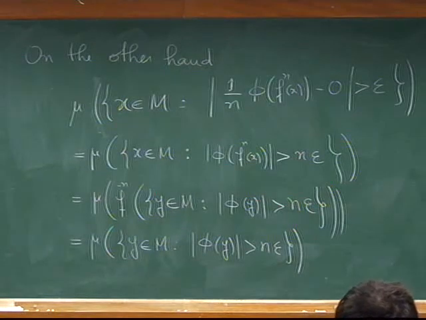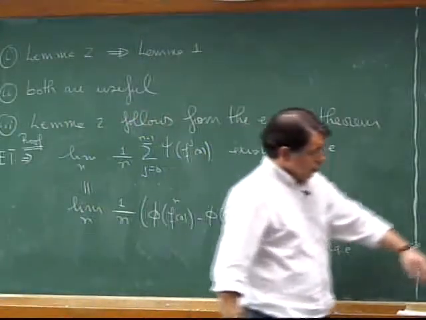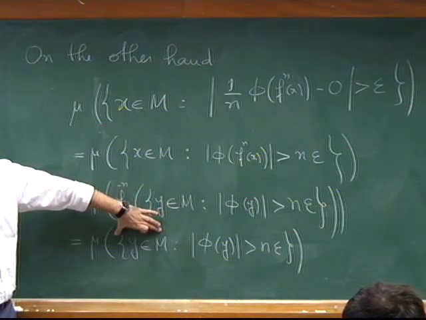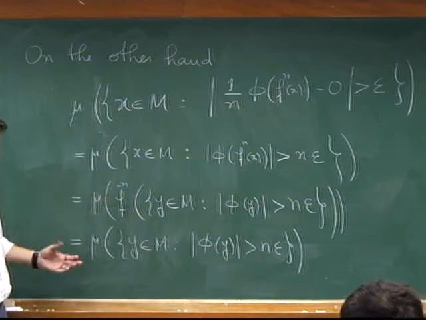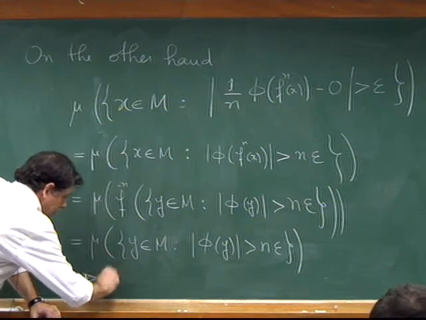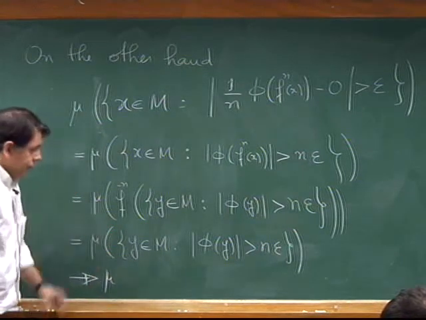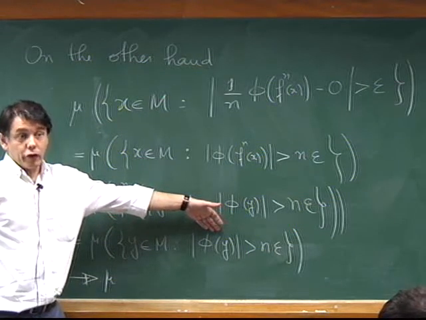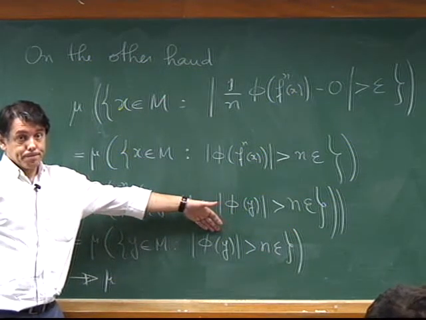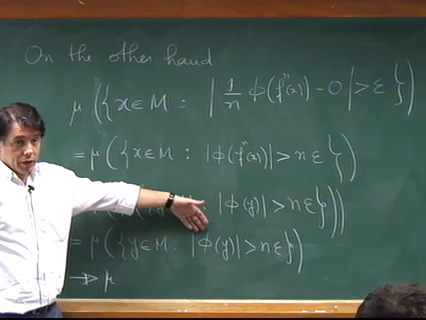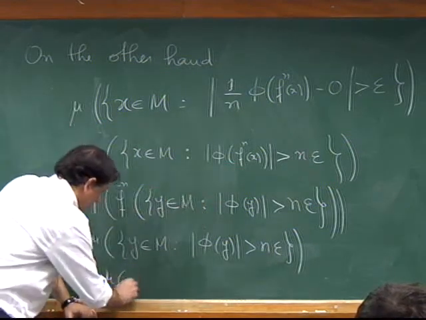When I increase n, these sets decrease. So this measure converges to the measure of the set of points that satisfy this for every n, which is the empty set.